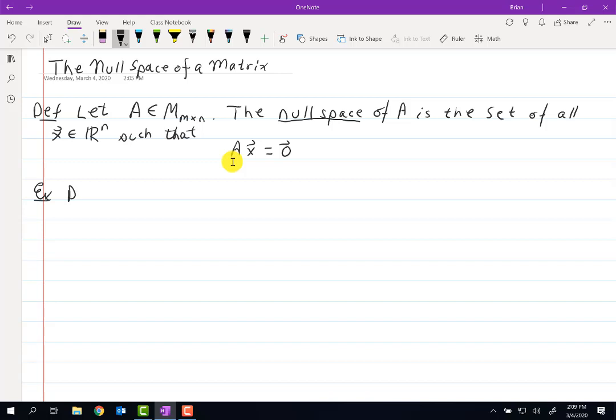Let's determine the null space for A equals [1, 2, 5; 4, 1, 9].